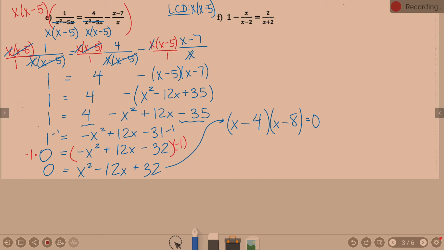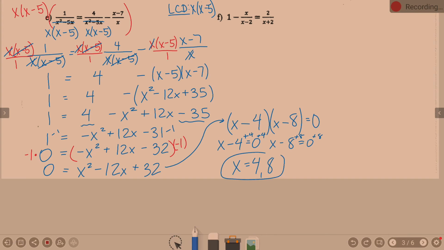Officially, I'm going to set each part equal to 0. So x minus 4 equals 0. X minus 8 equals 0. We get solutions of, add 4, you get 4. Add 8, you get 8.